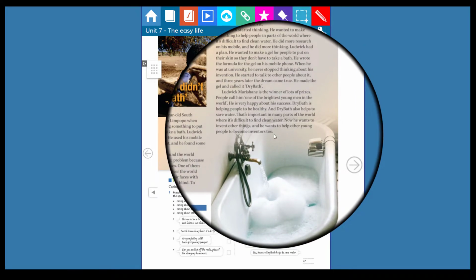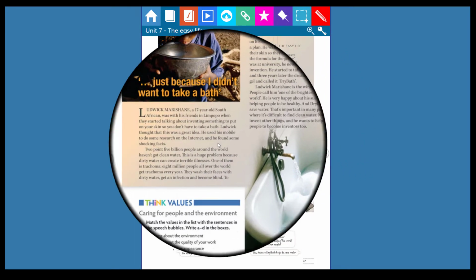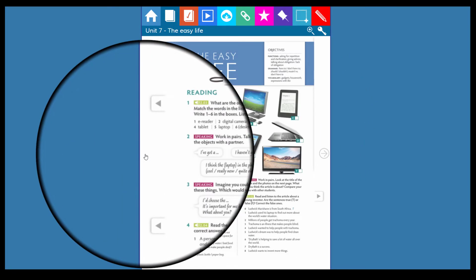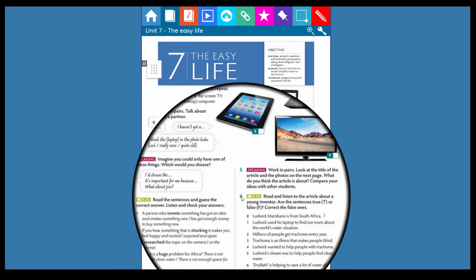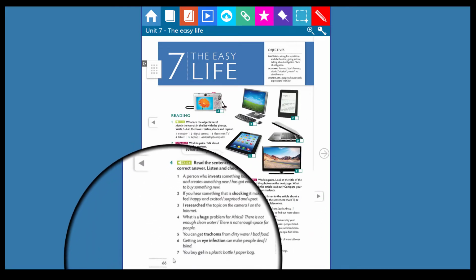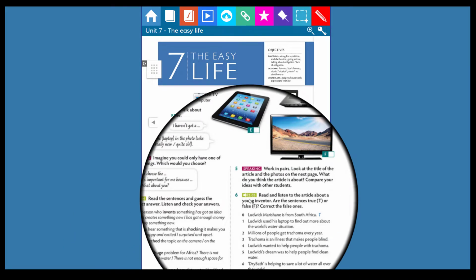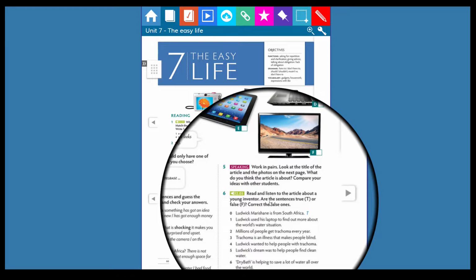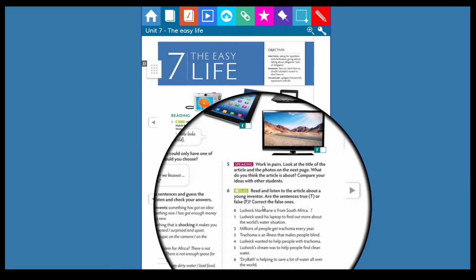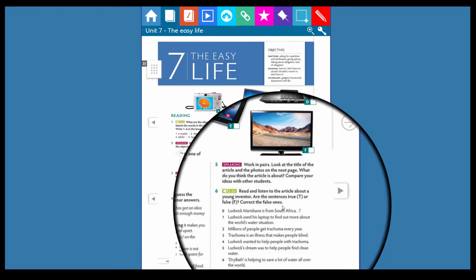Okay, very good. So let's make activity number 6 from page number 66. This one. Read and listen to the article about a young inventor. Are the sentences true or false? Correct the false ones.